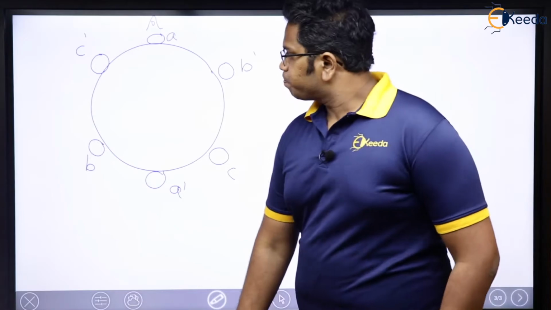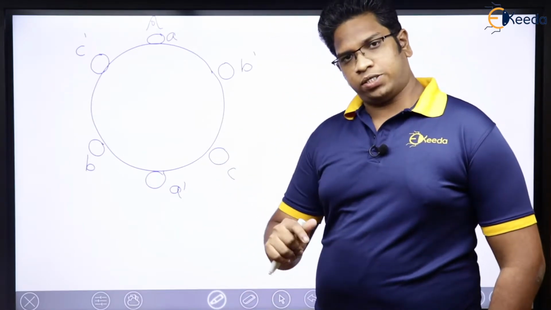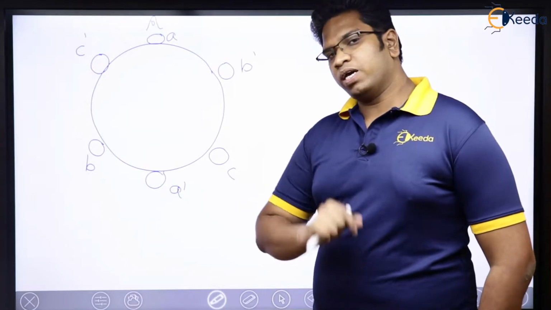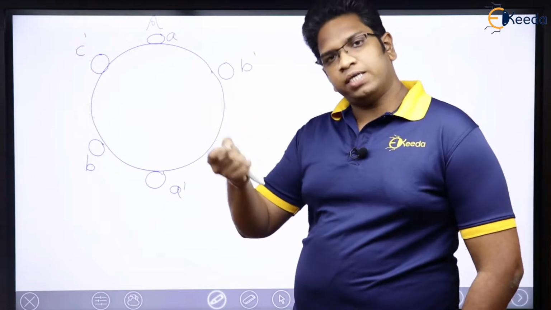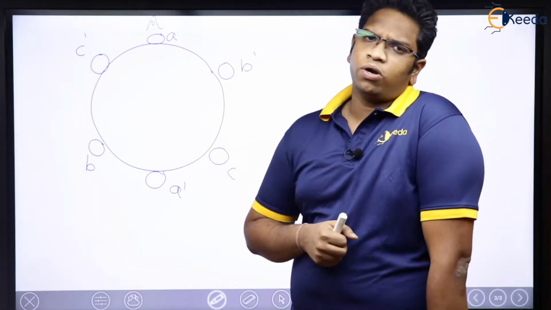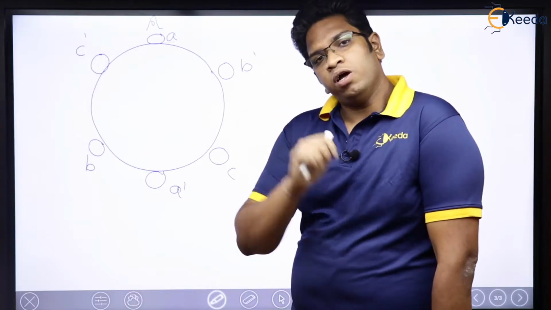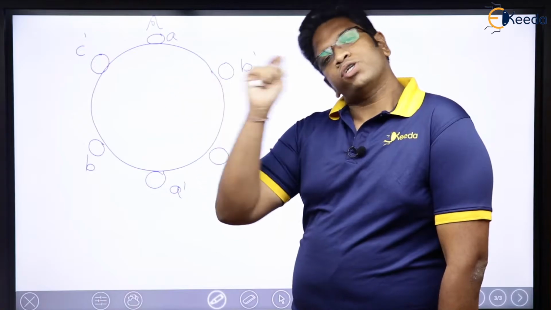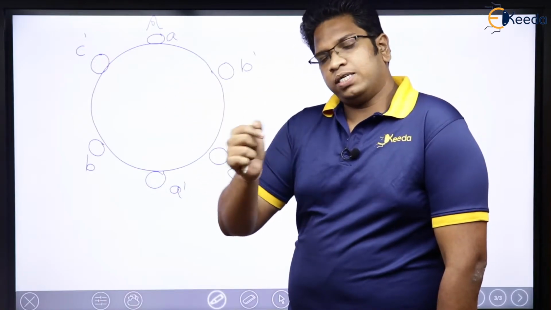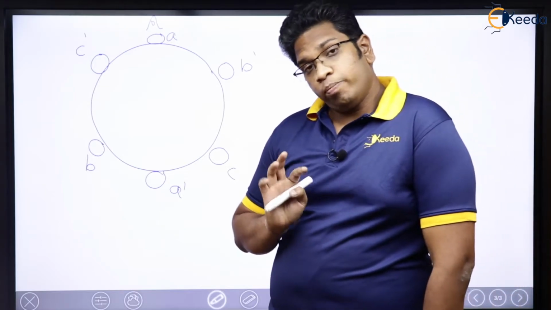Whatever the alphabets are, without dash will be given dot, and whenever there will be dash, A dash, B dash, C dash, we are going to consider them as cross. You may consider it vice versa also, if you want to consider A, B and C as cross and A dash, B dash, C dash as dot. There is no problem, but please don't mix them up.